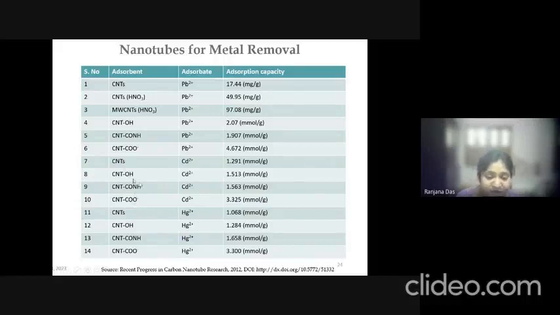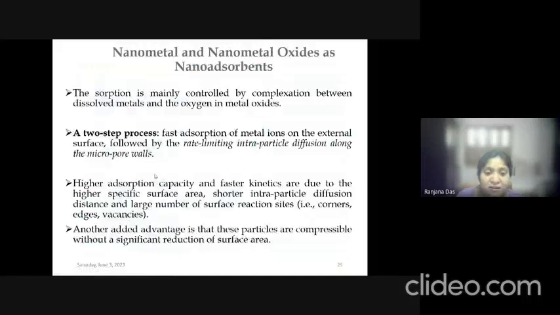Now, the next type of nano adsorbent is the nanometal and nanometal oxides. They can also be used as good adsorbent materials. Why are nanometal oxides so important?